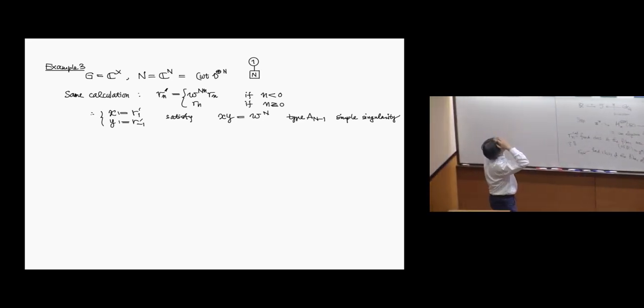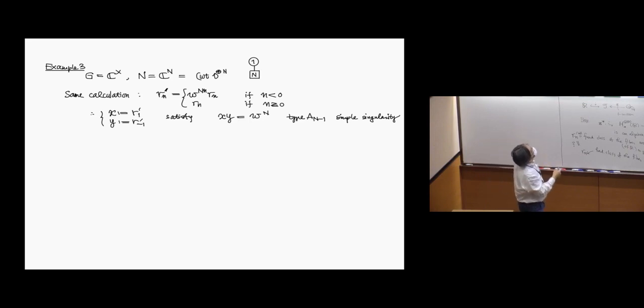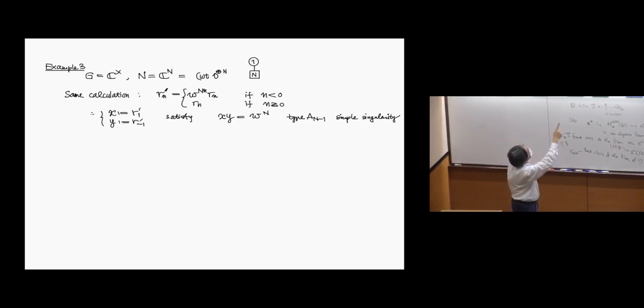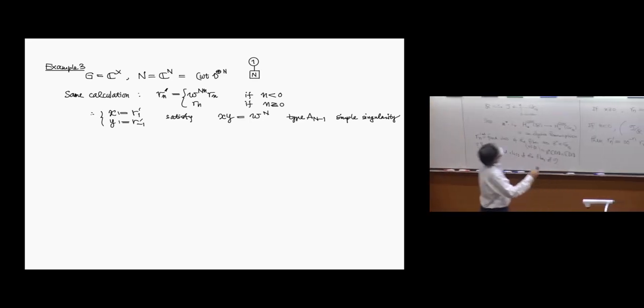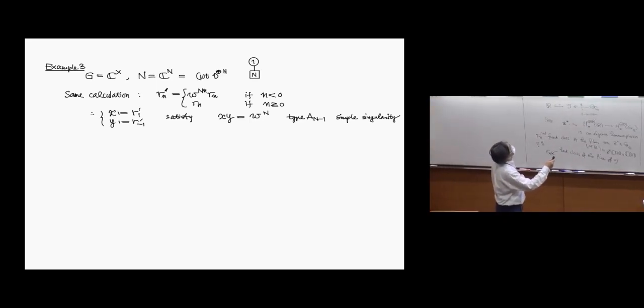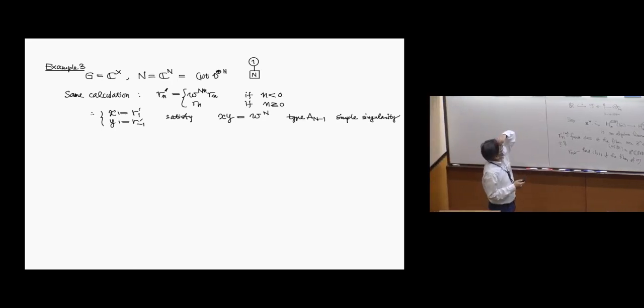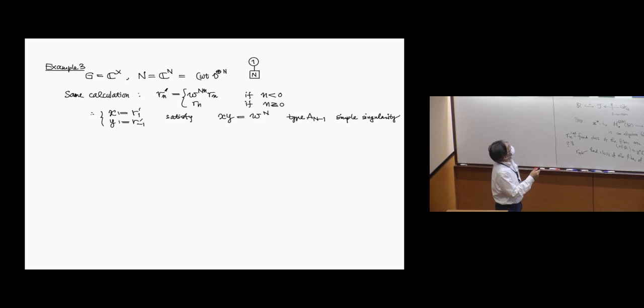Maybe there's a typo there: large N times n should be minus n. Minus is forgotten. So you just multiply by large N.